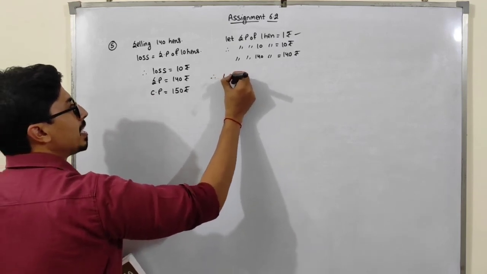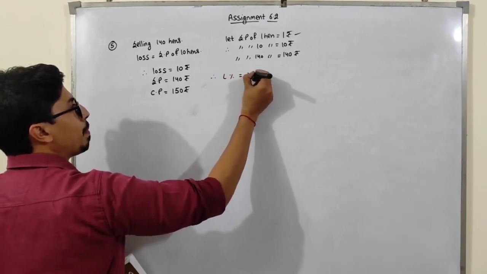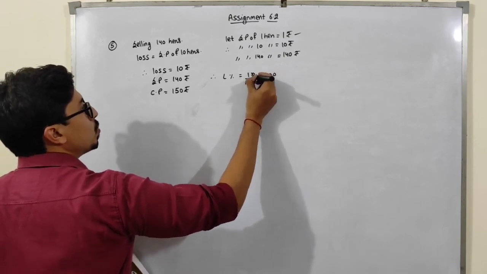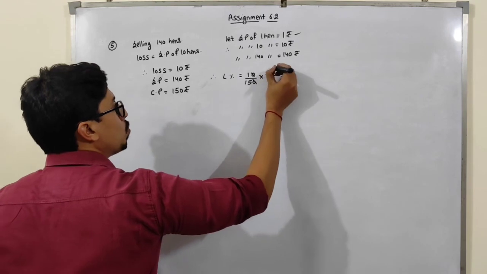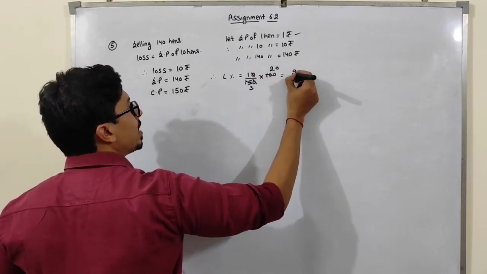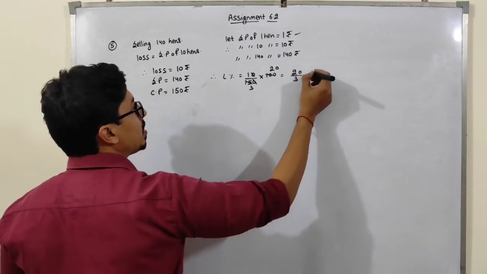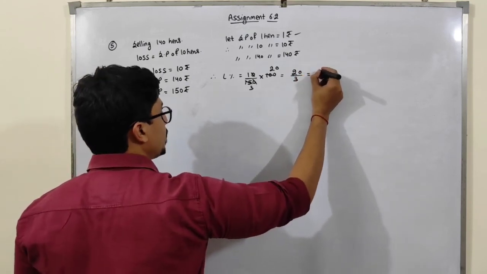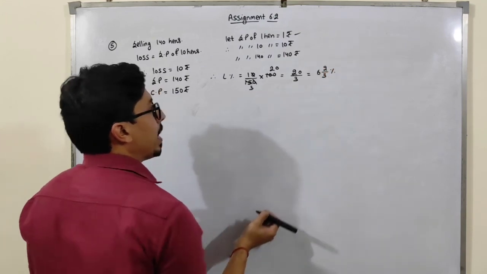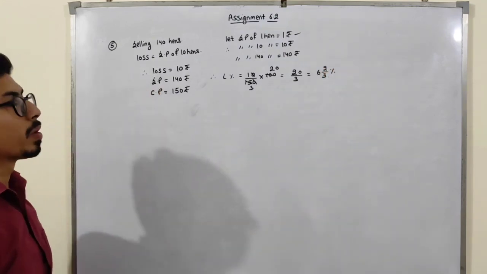Therefore, the loss percentage will be, loss means 10 upon CP is 150 into 100. So 20 by 3, that is 6 2 by 3%. So this is my required answer.